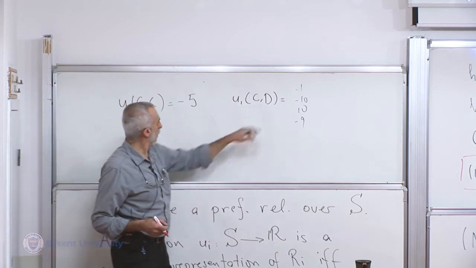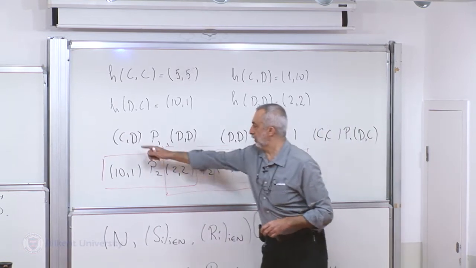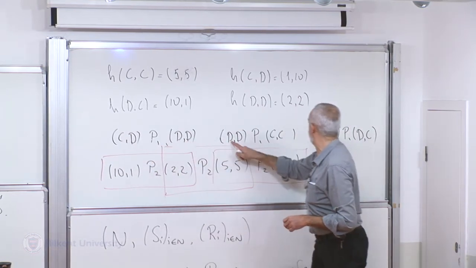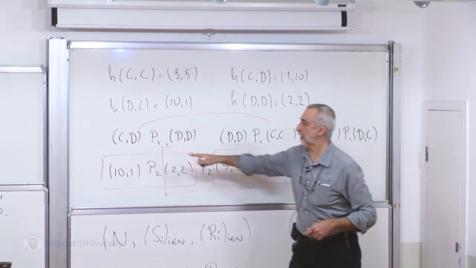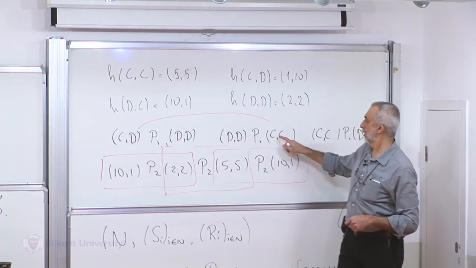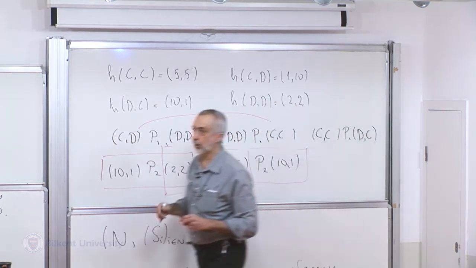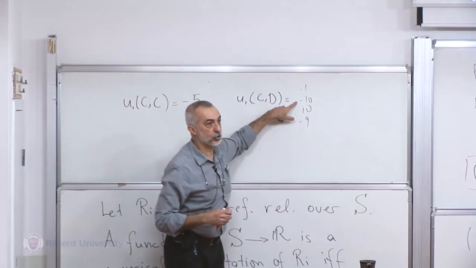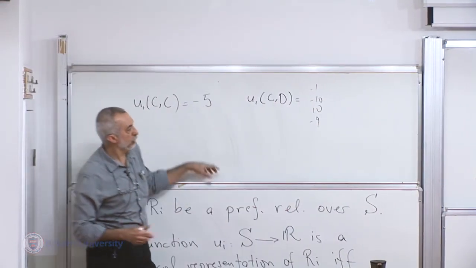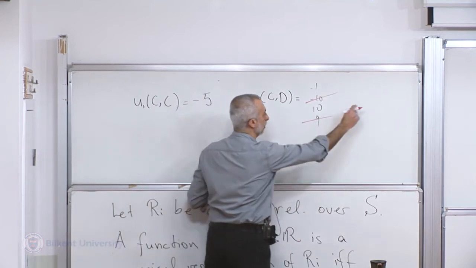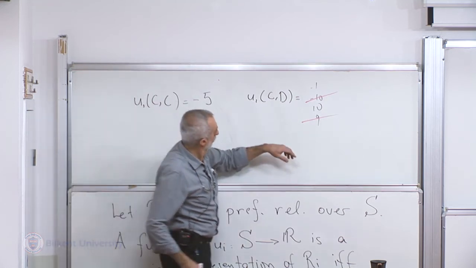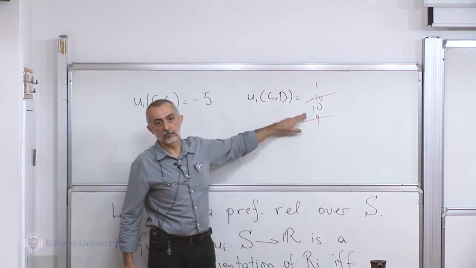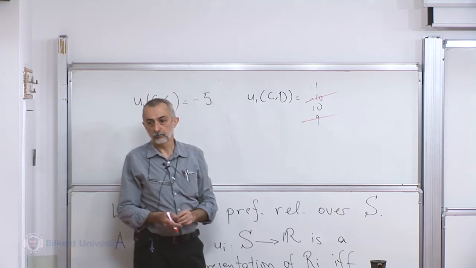What is the relation between CD and CC? Looking at transitivity, by transitivity, we know that CD is preferred to CC. So the number that I put in here should be bigger than this number. So it can't be minus 10, it can't be minus 9. But minus 1 and 10 are both good. Which one? Minus 1.